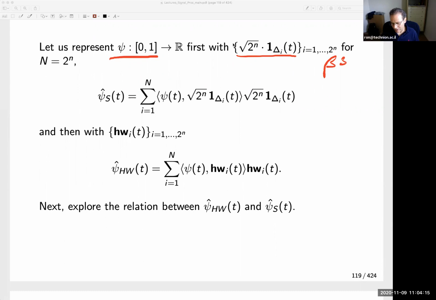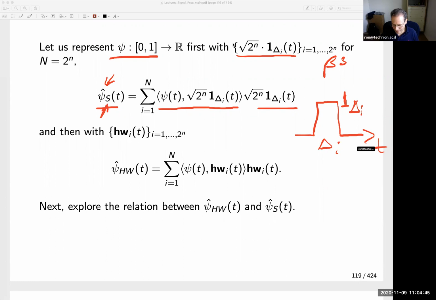And then the approximation of the function, which we write with a small hat, with respect to the standard functions equals the inner product of the function with the standard functions times each of these functions. Each of them has its support about a specific delta_i. And obviously this is time, so this is a function of time.